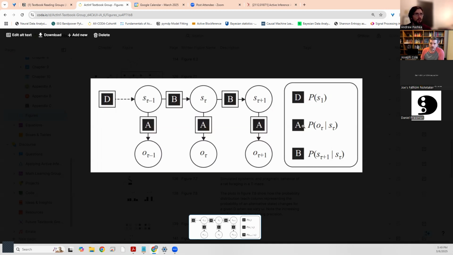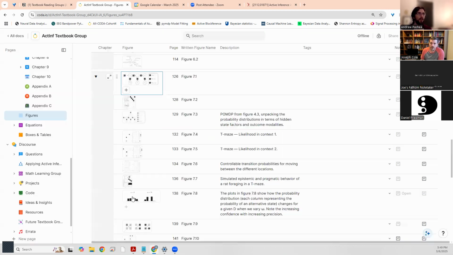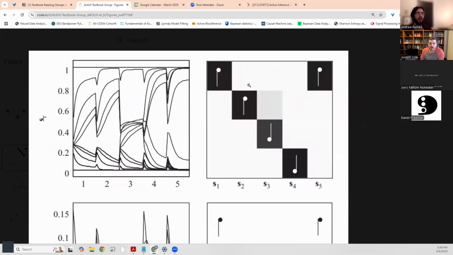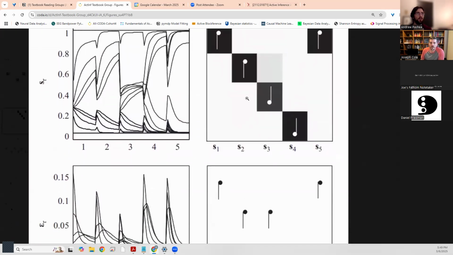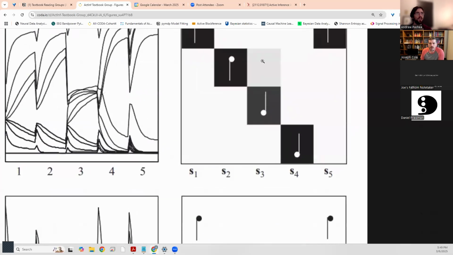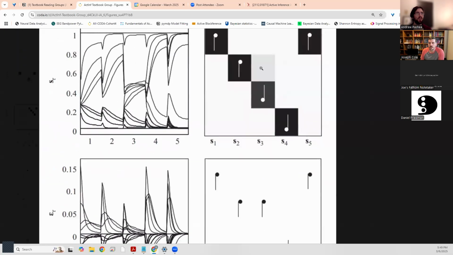And say the A matrix was really biased. In this example, say the agent was heavily biased to assuming these beliefs are necessarily one to one with these, to where even this light gray space didn't appear, so to speak.